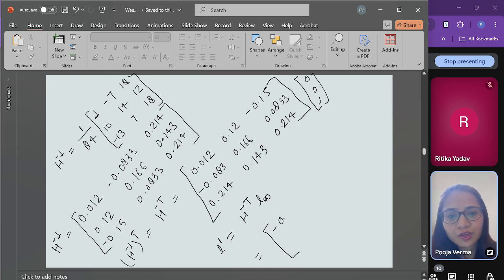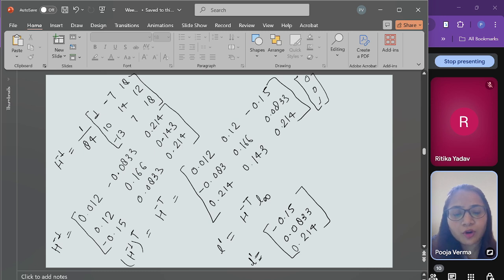So the first is minus 0.15. Similarly, the other terms will be 0. Here you will get 0.0833, and then 0.214. So the transformed vanishing line you will get is minus 0.15, 0.0833, 0.214.